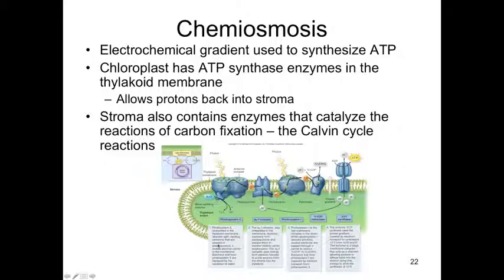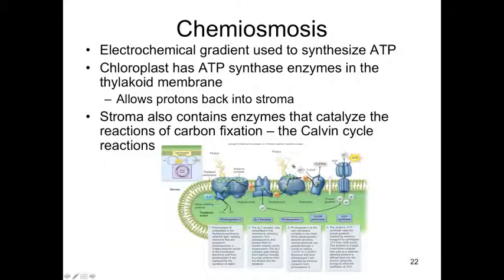So here in the figure below, we've summarized all 4 steps of the light reactions in order to produce ATP and NADPH. Just as in cellular respiration, we have a hydrogen ion gradient created, where the hydrogen ions are going to run through ATP synthase in order to form ATP.